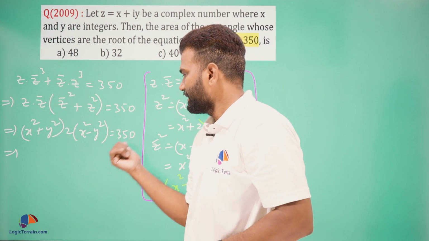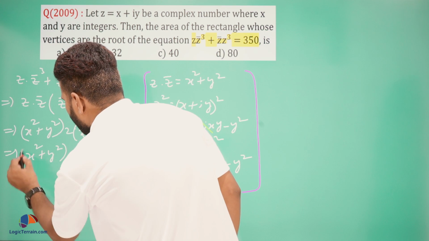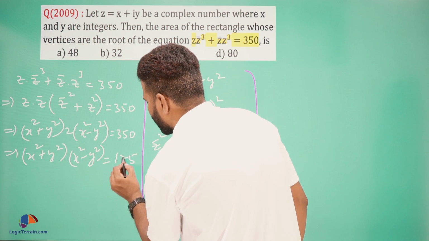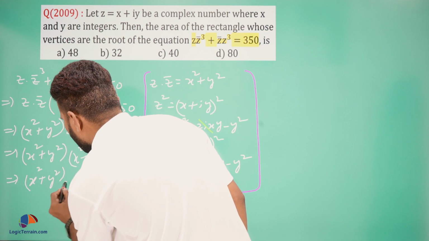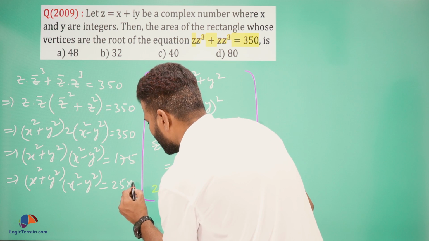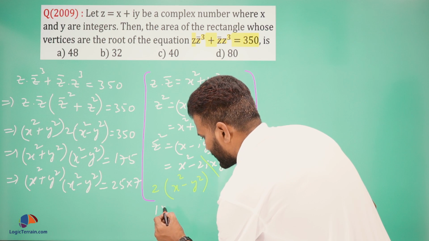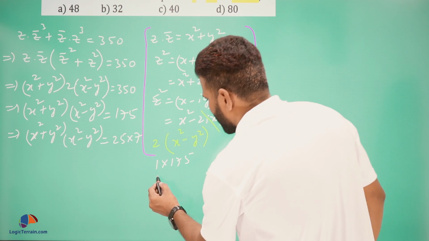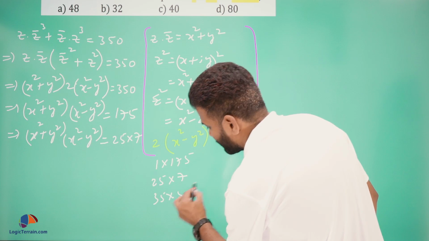Further, 2 is multiplying, so it comes to the other side and divides, then this becomes x square plus y square into x square minus y square equals 175. This we rewrite as 25 into 7, because the factors of 175 are 1 into 175, 25 into 7, otherwise 35 into 5.